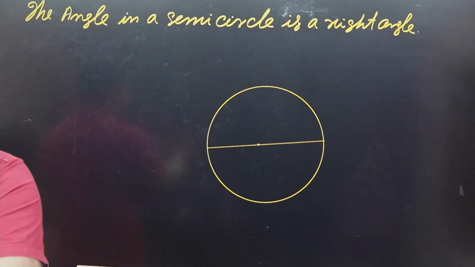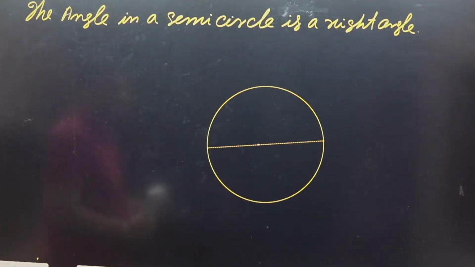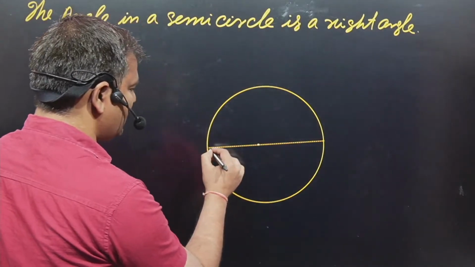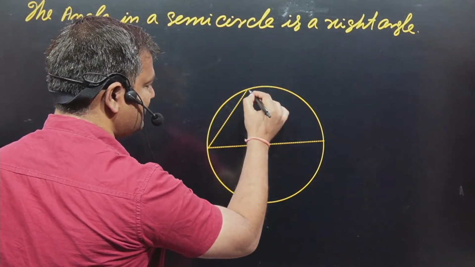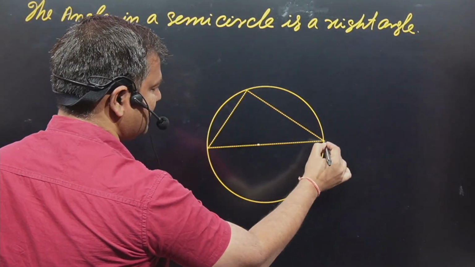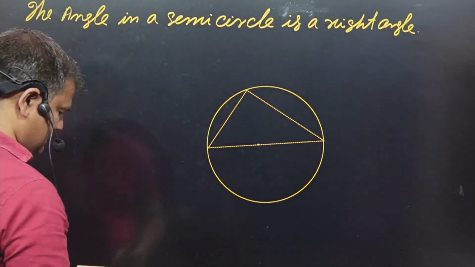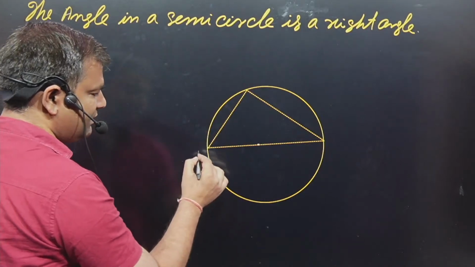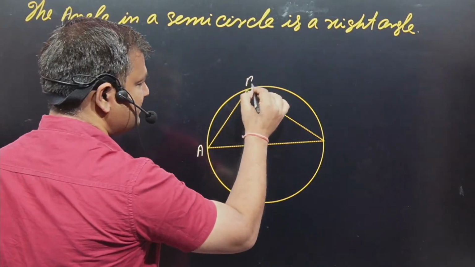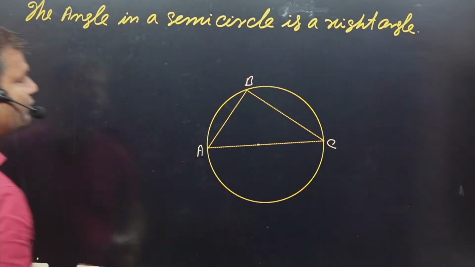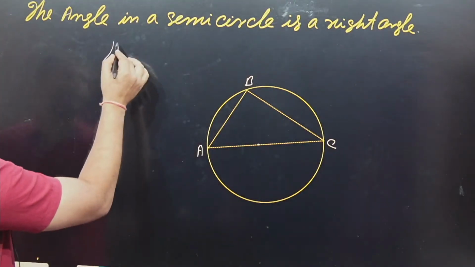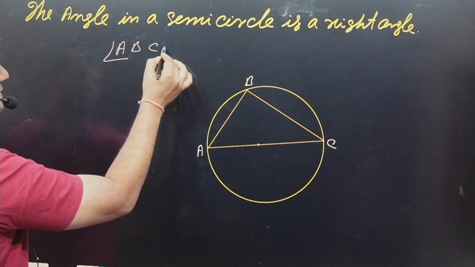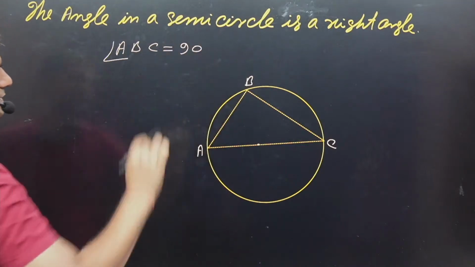Whatever the angle from here to here, if this is A, this is B and this is C, prove that angle ABC is equal to 90 degrees. Clear?